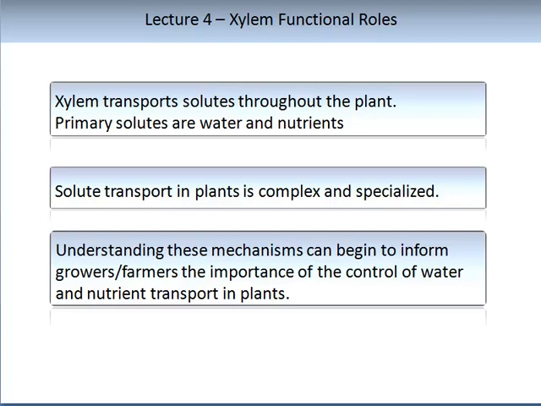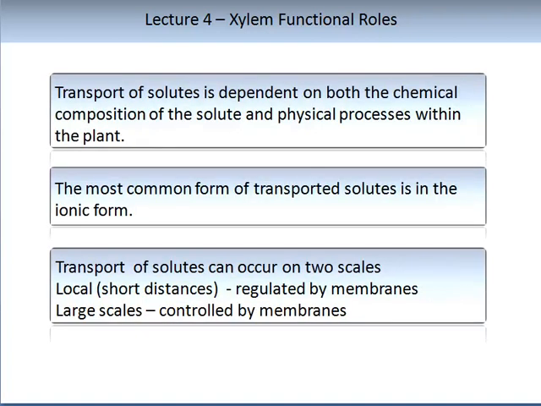The solute transport in plants is complex and specialized. Understanding these mechanisms can begin to inform growers and farmers of the importance of the control of water and nutrient transport in plants. The transport of solutes is dependent on both the chemical composition of the solute and the physical processes within the plant.